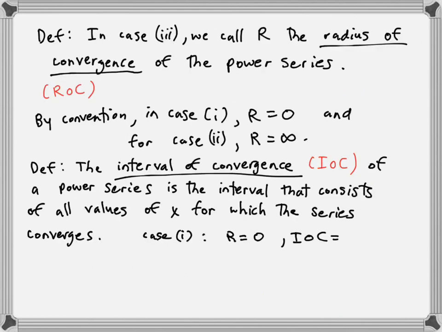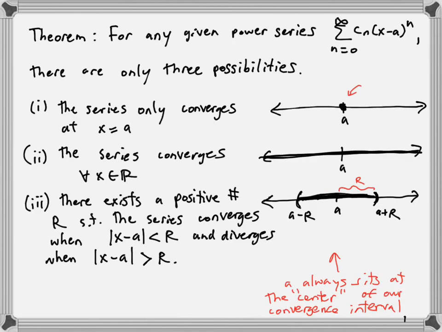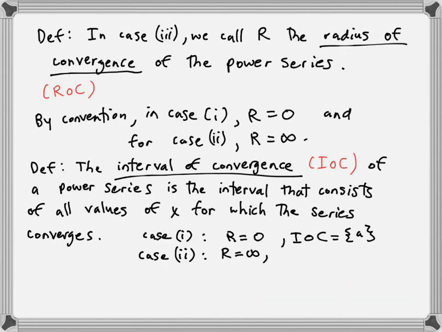That's the one case here where we don't get an interval. So the IOC is just equal to the number A. Case 2. Case 2 is that R is equal to infinity. What would the IOC be? Well, then this means it converges everywhere, right? That was case 2. And so the IOC would be all real numbers. Or if we want to write it in interval notation, we can. It's just from negative infinity to infinity.